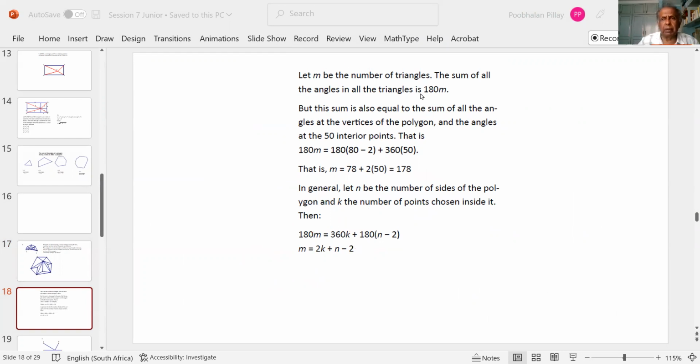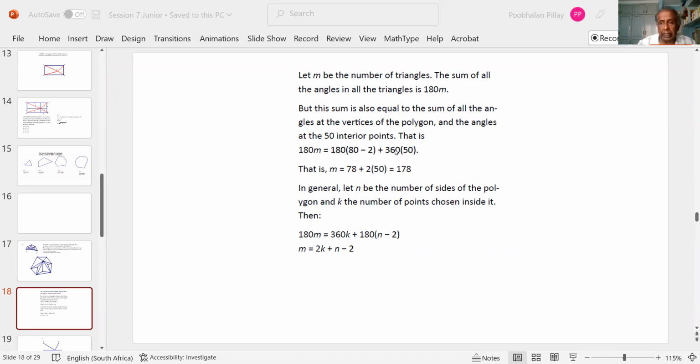So let M be the number of triangles. The sum of all the angles of the triangles is 180 times M, right? You got 80 sides, so if you add up all the interior angles, with 80 sides, n minus 2 is 80 minus 2 times 180. That gives you all the angles at the vertices of the polygon. And at the points inside the polygon, there are 50 points and there are 360 degrees at each point.